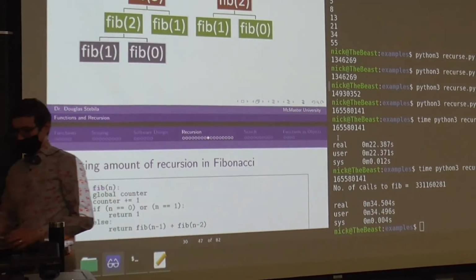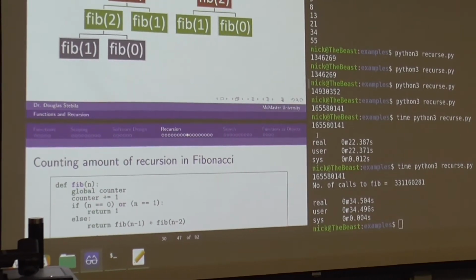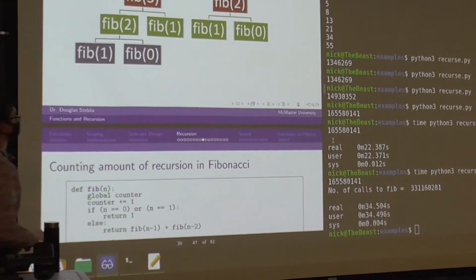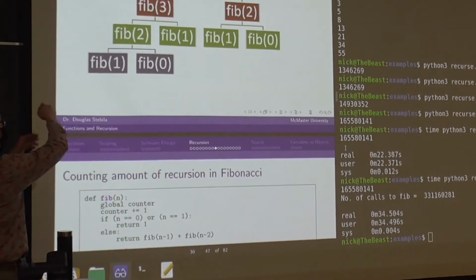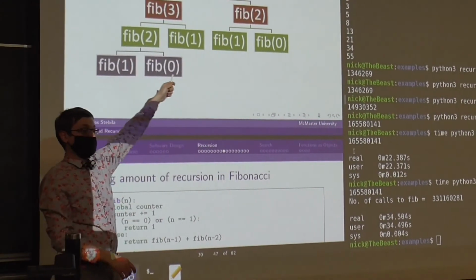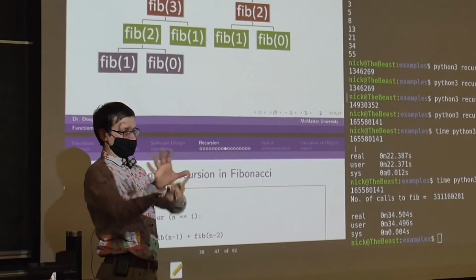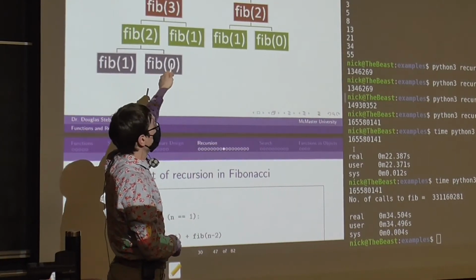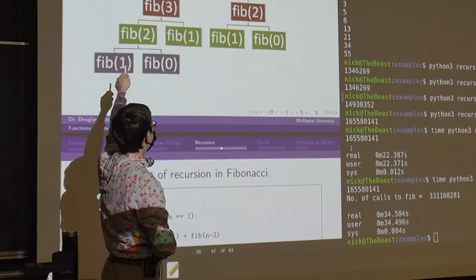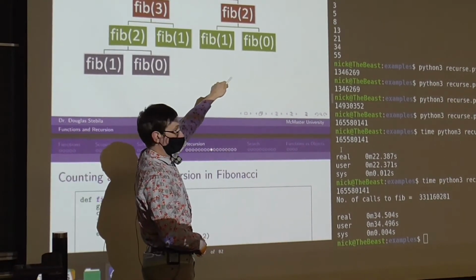So, obviously, we're doing a lot of recalculating, and we don't necessarily need to do it. So this is what this looks like, right? If you were to break this down in terms of a tree structure, just going with 4 for the moment. So if you were to calculate fib 4, you need fib 3 and fib 2. Fib 2 needs fib 1 and fib 0.